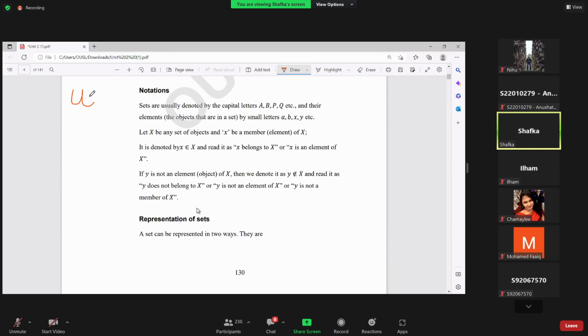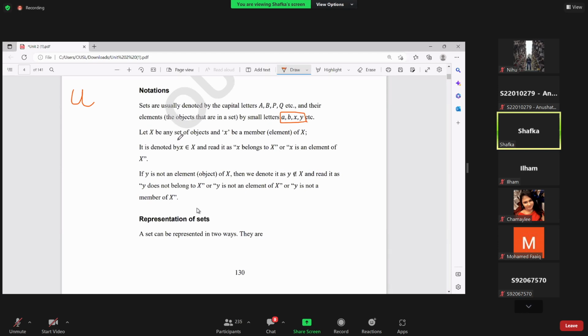We will study about it within a few minutes. Okay. So other than U, we are using other capital letters to represent a set. Okay. And the elements of a set are simple letters. Okay. If you are writing a general one, it can be any simple letter.